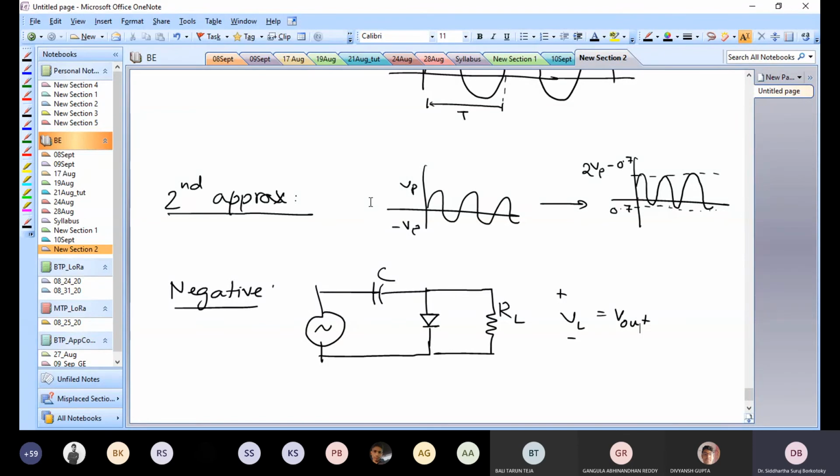But as long as you understand that this capacitor is acting as some sort of voltage source, and we are trying to get a slowly discharging RC circuit by making RL very large, so that I have an almost constant VB voltage, a near constant offset throughout my time of operation, that would hopefully help you understand how this clamper circuit is working. In terms of the circuit diagram, it's very simple. All you have is a capacitor, a diode, and a load resistor.